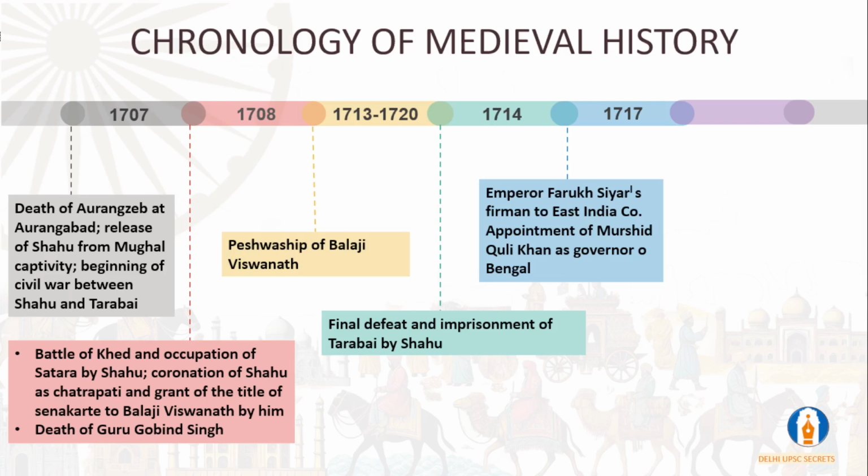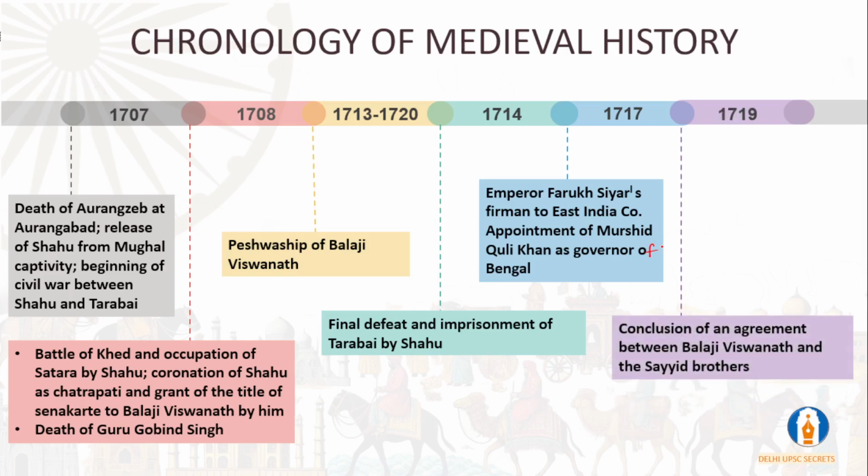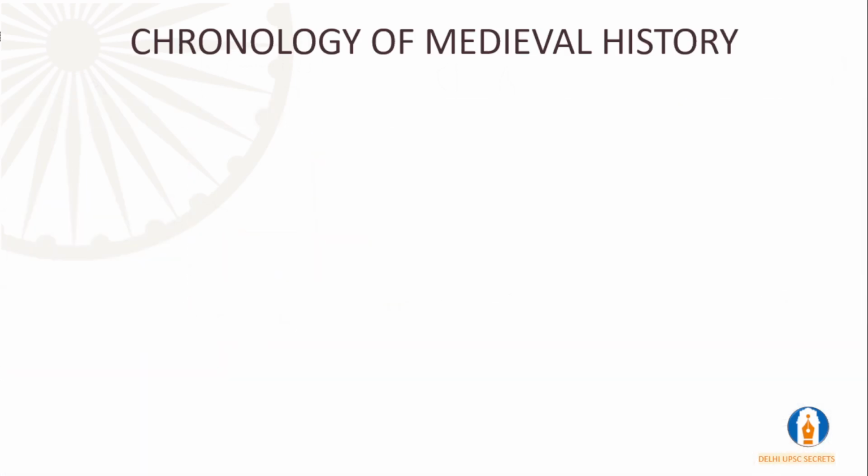He issues farmans to the East India Company, and the appointment of Murshid Quli Khan as governor of Bengal happens in this particular period. Then in 1719, conclusion of an agreement between Balaji Vishwanath and the Sayyid brothers.